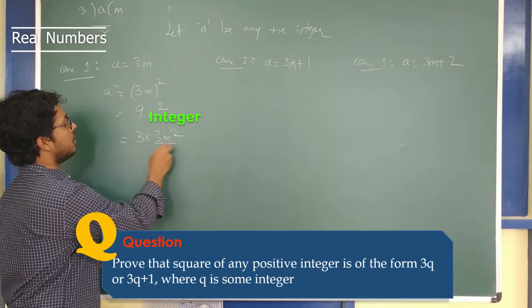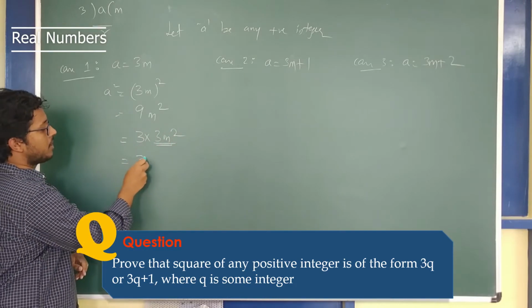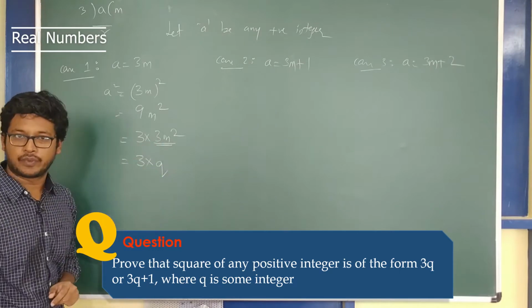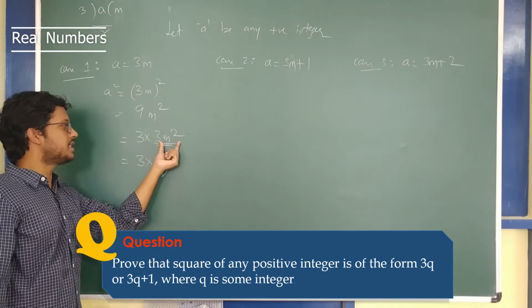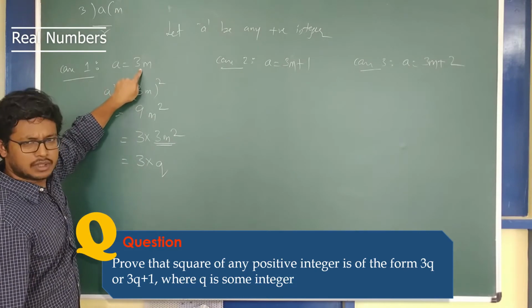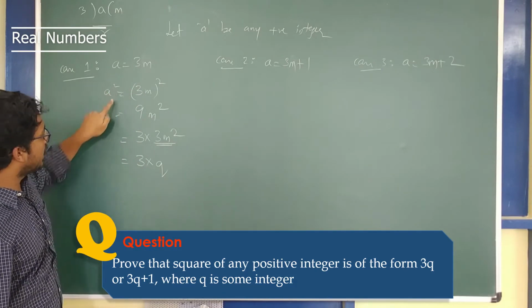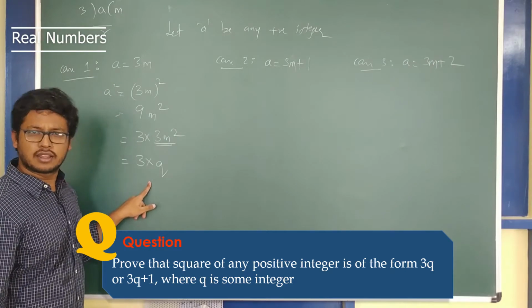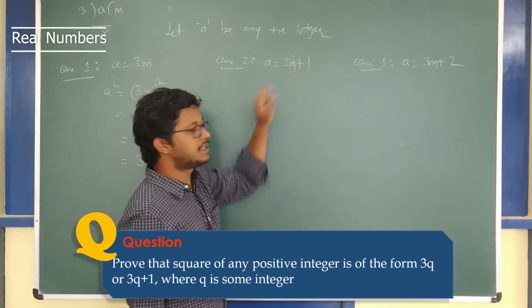So this whole thing becomes 3 into q, where q is another integer, which is 3m square. Correct? So now we proved that if a is of the form 3m, the square of a is also in the form 3q.